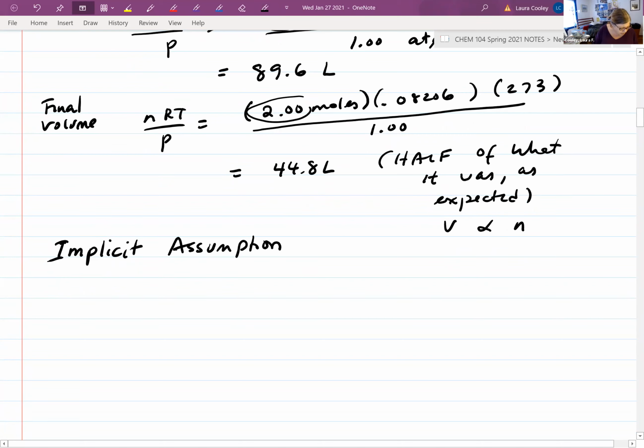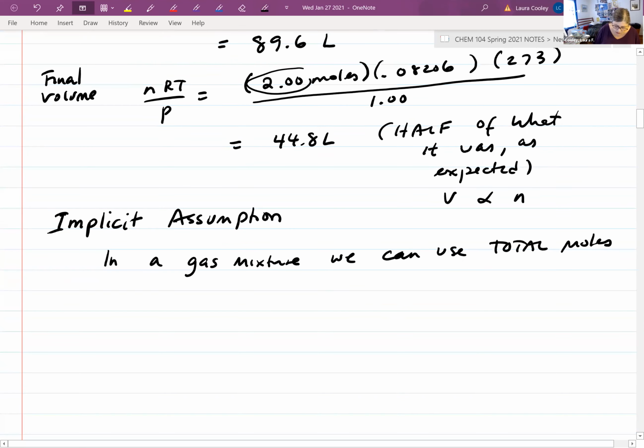But the implicit assumption that I made was that in a gas mixture, we can use the total moles of both gases. We had 2 gases present. So in a gas mixture, we can use the total moles of all gases present in the ideal gas law. So we actually did this.